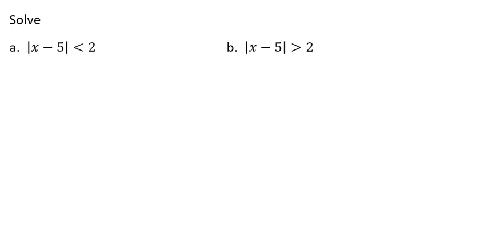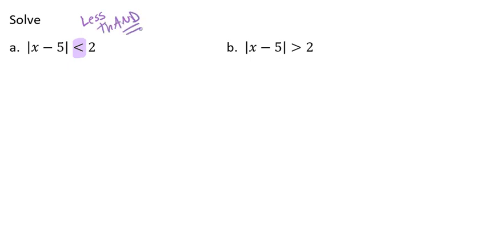The first thing I want to do, though, is point out a little shortcut or hint to help you out, so that you can solve the equation a little bit easier. So the first thing I want you to do is notice this symbol right here. See how that's a less than sign?